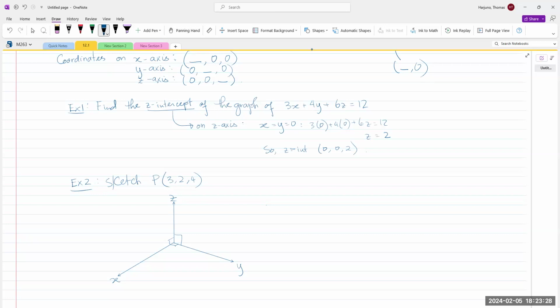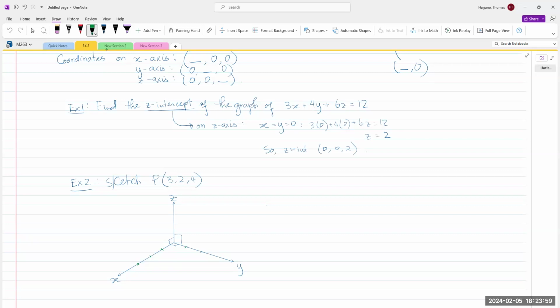Okay, now then how do I sketch that 3, 2, 4? Now, we usually start from the XY plane first because that's what we get used to. But imagine you see this XY plane not from the usual point of view. It's 3 units in the X direction. So let me make it like this. This is 3 units in the X direction, 2 units in the Y direction.